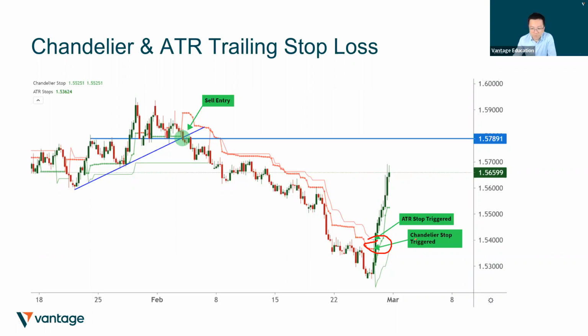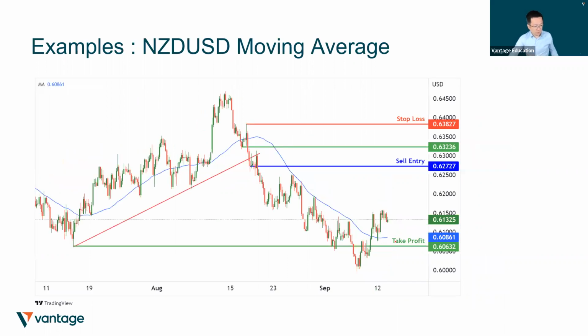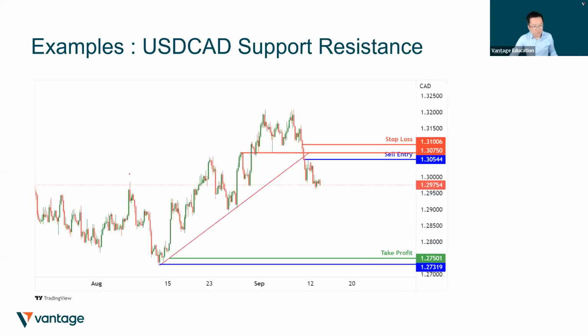You can move it according to the moving average, the PSAR, trend lines, or even support resistance levels or fib levels, and also the ATR or the chandelier stop levels. I'll show you an example. Let's jump to TradingView. I've got the New Zealand dollar as a moving average example, and also the US CAD, and then we'll get into some other examples as we go through the charts.